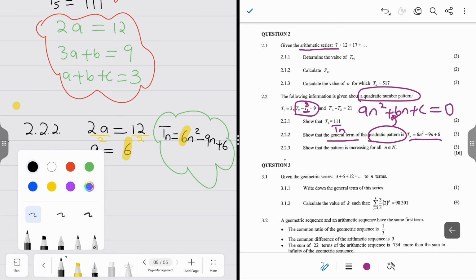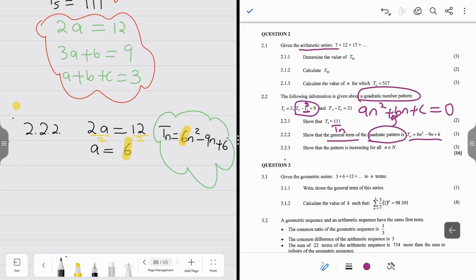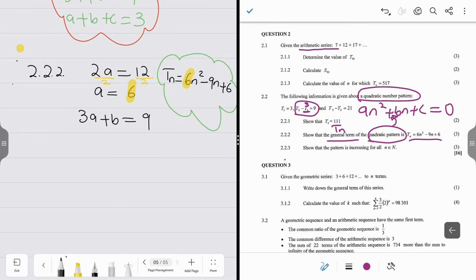Okay, so let's check the next part. The next one, we said we're going to use 3a plus b equals 9. This will help us solve for the value of b. So let's substitute our a, since we already have a as 6. So 3 times 6 plus b equals 9. Let's write it properly. Then we subtract 3 times 6, which is 18, from both sides.